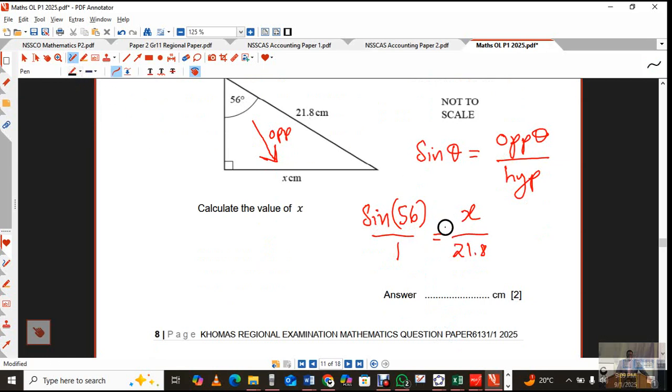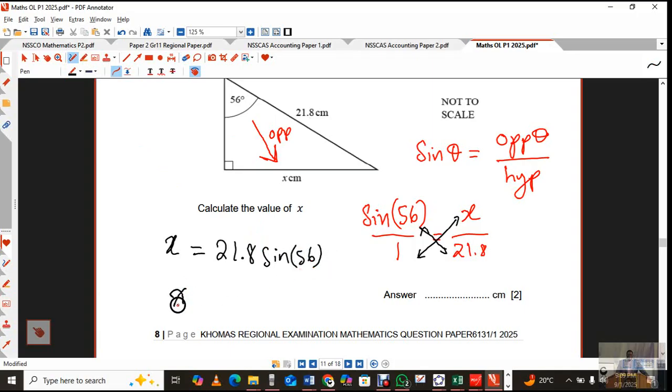For you to find that, you'll be multiplying this, which gives you x, and you multiply this, but put the 21.8 in front. Especially if you did not put brackets at that 56, it's going to be a problem. So 21.8 times, you don't even have to write times, the calculator will know what you're doing.